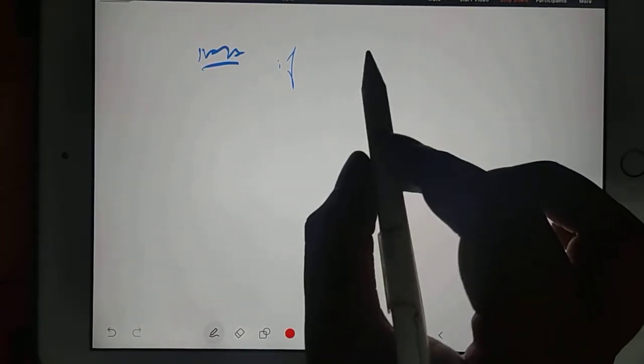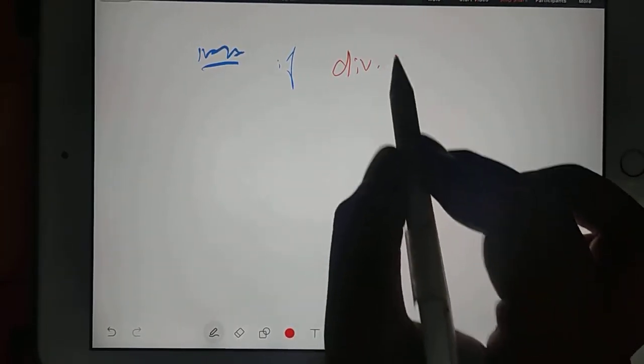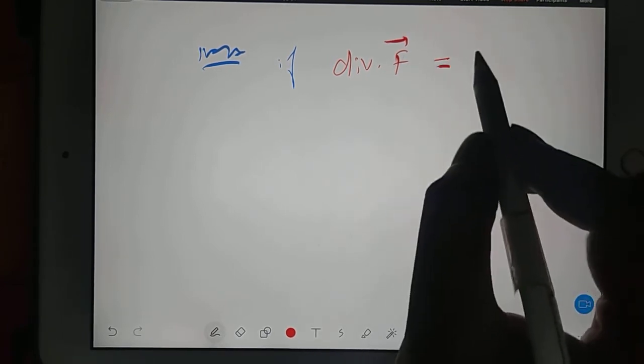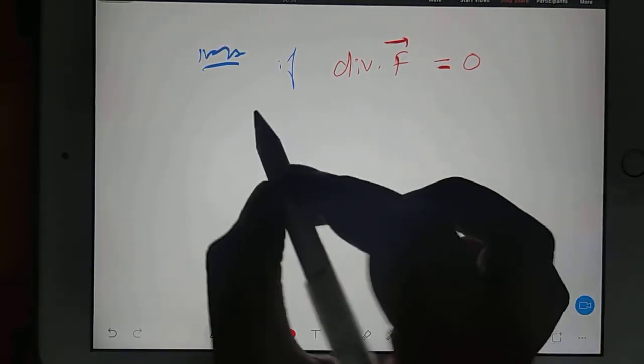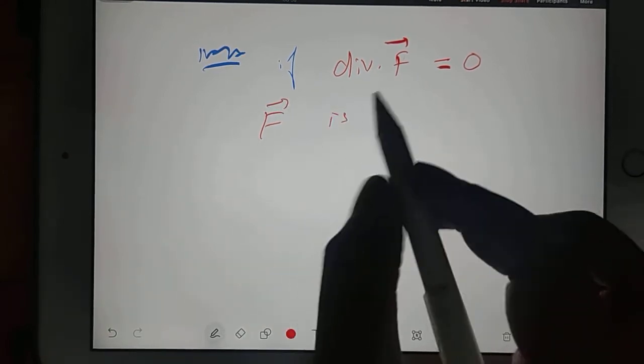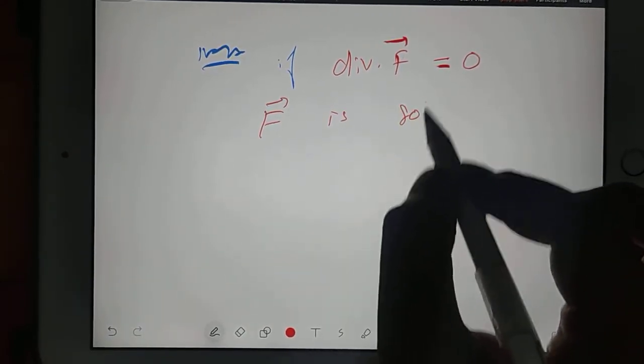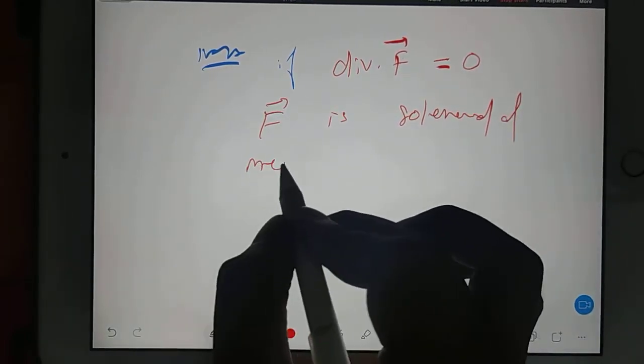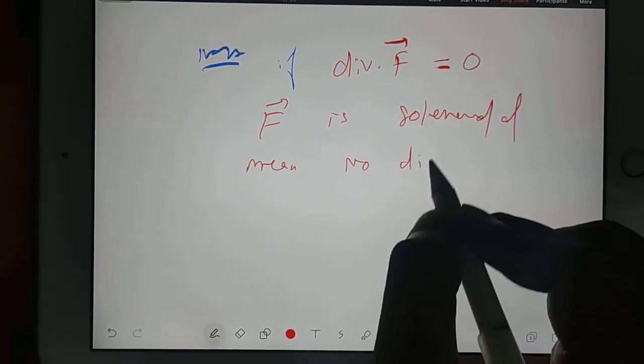Now change the page, take note. If in any question you are finding the divergence of the force or of any field, and it is coming 0, then you will say that this F is solenoidal, meaning no divergence.